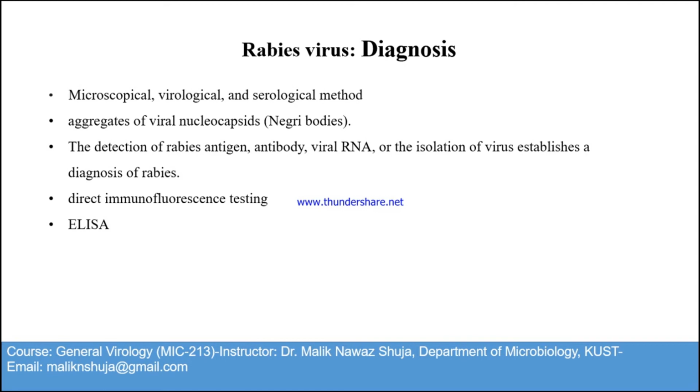That is, take the genomic RNA and perform a specific type of PCR using the specific primer for the rabies virus, and you will get the result. We can also do real-time PCR or quantitative PCR to measure the quantity of the virus.